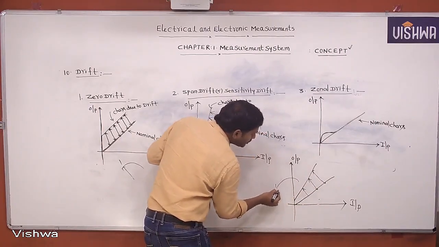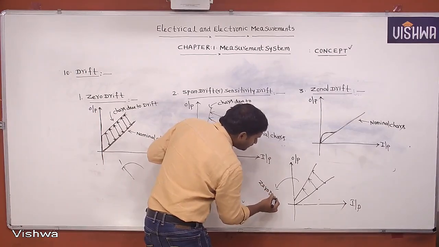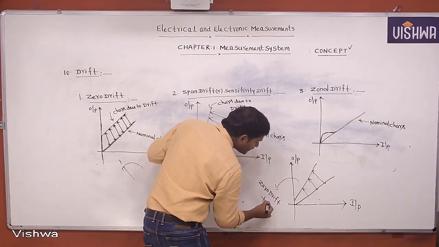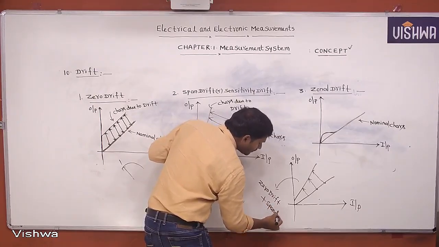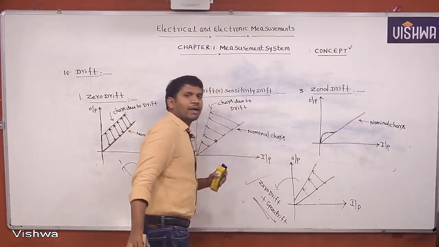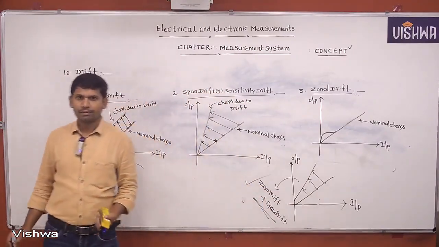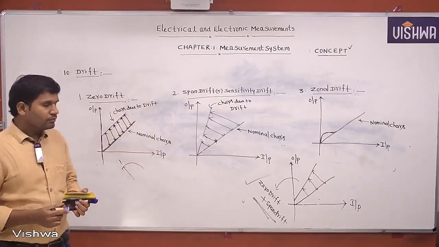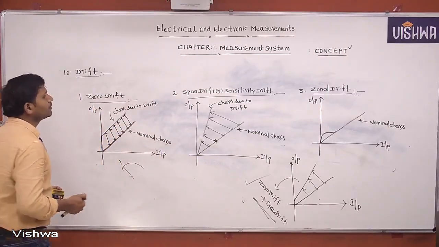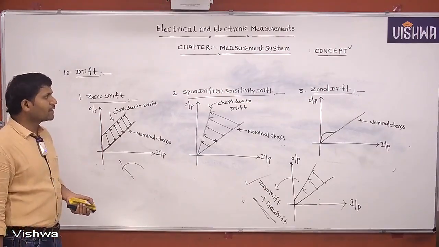This is the combination of both zero drift plus span drift characteristics. Clear? Concentrate. This is about one of the undesirable characteristics of an instrument.